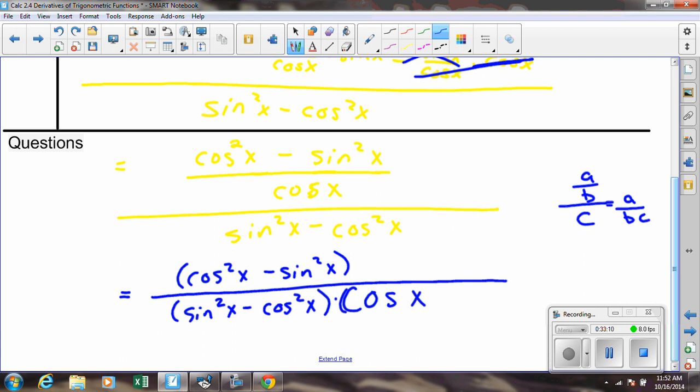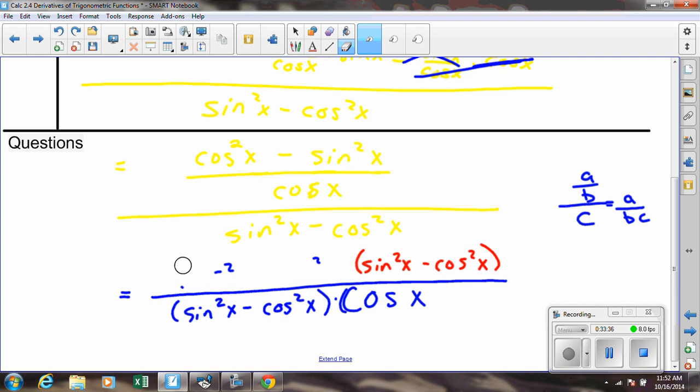This plays a role because we should be able to recognize cosine squared minus sine squared. If we change around the order of that so that it was sine squared minus cosine squared, if we change the order, it's the same thing from what we had, but the only difference with it is it's a negative.